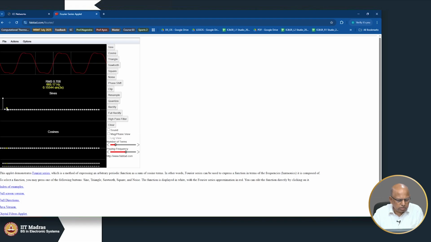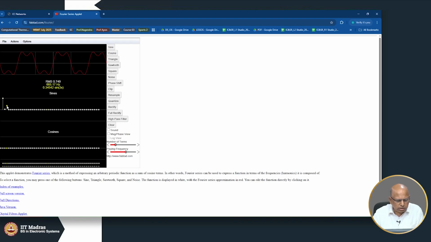Suppose I take 1/3 of sine 3 omega t. So, this is sine omega t, and this is approximately 1/3, I can see, right. If this value is 0.749 RMS value, whereas here it is, I am sorry, it is 1 sin x, you can see 1 sin x, right.